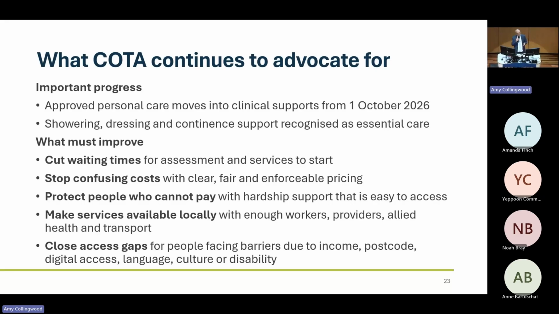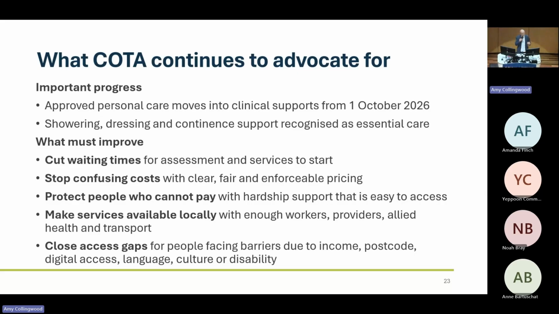The wait times, for me, given all the conversations I have across Queensland, is one of the most critical things, and that's for both getting assessments, reassessments, and services to start. And if you are living anywhere outside Southeast Queensland, the further you get out, the harder it's going to be to get some of those services in place, the longer the waiting times might be.